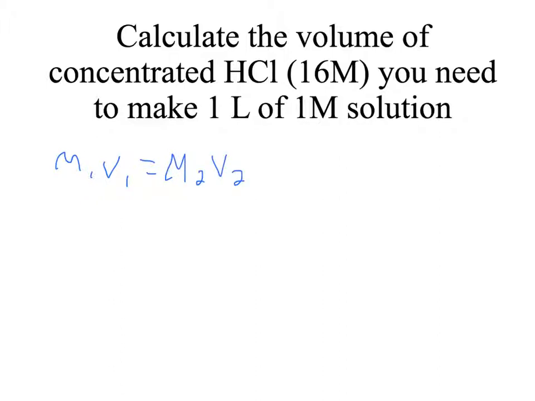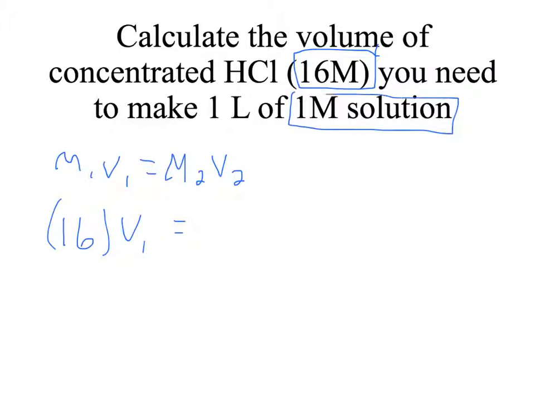So our M1 is going to be 16. We don't know V1, so that's probably what we're solving for. M2 will be 1 molar, and then we need 1 liter.